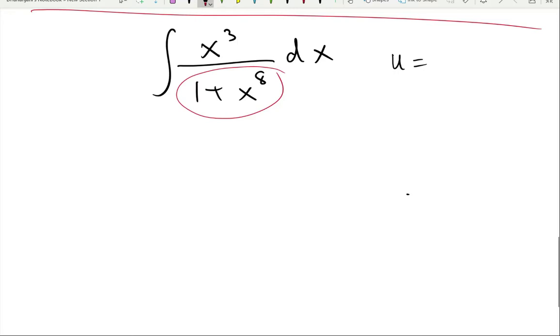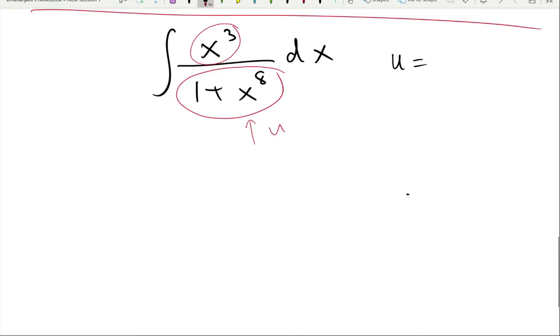If I can have a replacement of u here, and for that inside function, if I can cancel out x cubed, that will be great, right? That is my thinking process, because that's what usually happens in easy integration by substitution problems. Now to cancel out x cubed, it should be the derivative of u. So what should be u?